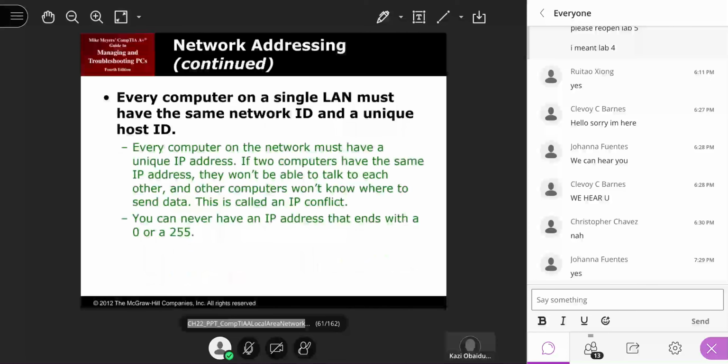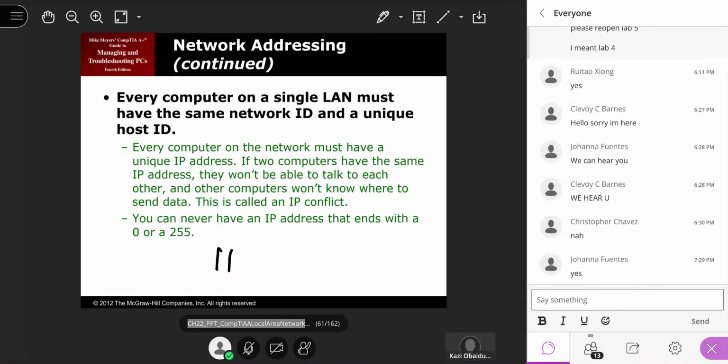0 to 255. Do you know why 0 to 255? That I discussed with you. Again, this is the technical part. 0 to 255 means that the IP address is, do you know how many bits? IP address is 32 bits, right?